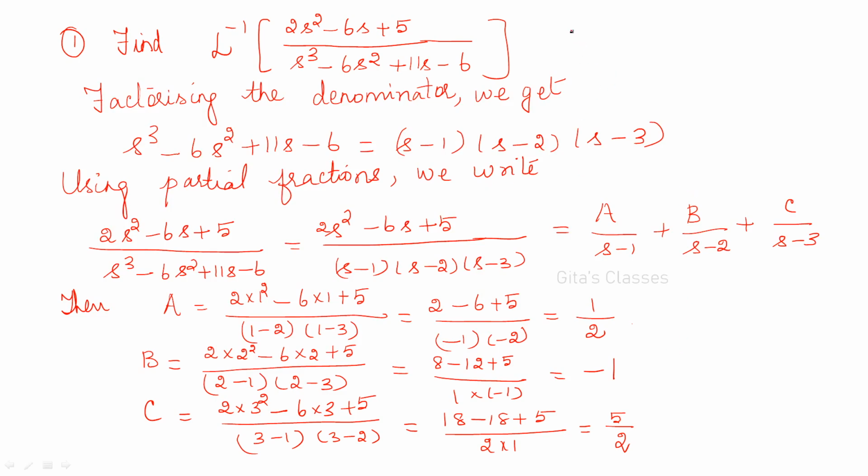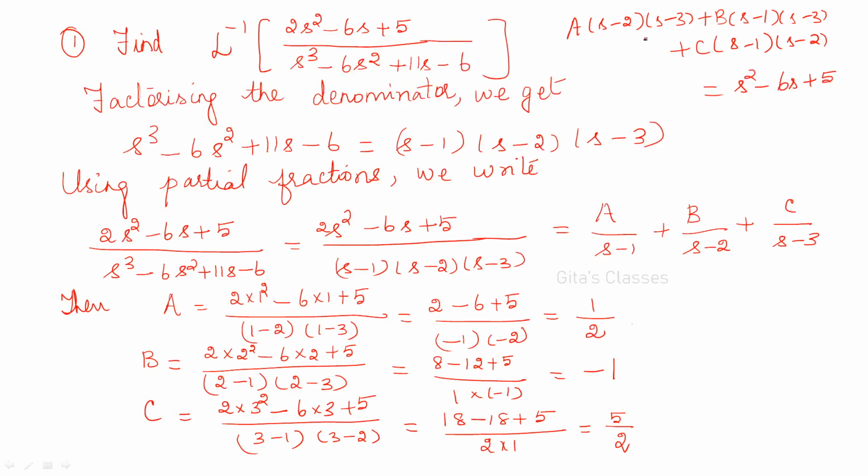Then you can find the values of A, B, C like this, or you can take the LCM: A(s − 2)(s − 3) + B(s − 1)(s − 3) + C(s − 1)(s − 2) is equal to 2s² − 6s + 5.